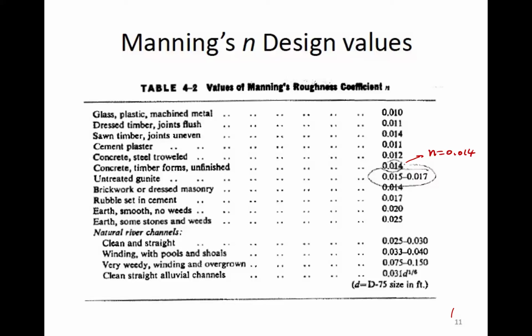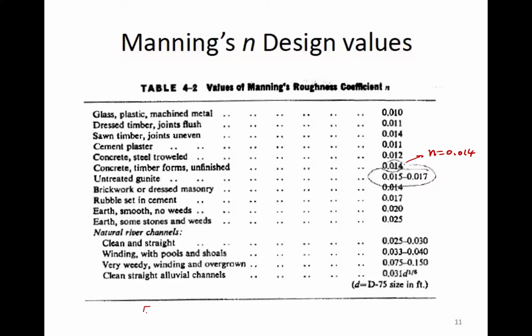As you can imagine, for new concrete surface versus old aged concrete, it will be slightly different, but that's a good average number. As the surface gets smoother and goes down, for example, glass is 0.01, and as it gets rougher, it goes up. For example, for natural streams, you see that it goes up to 0.025 and so on.